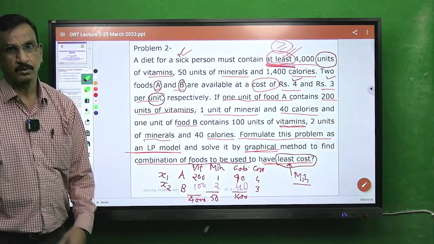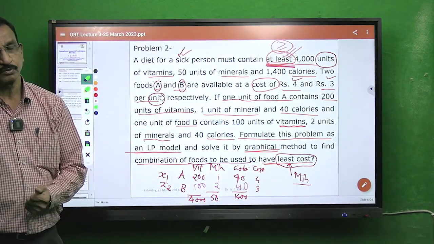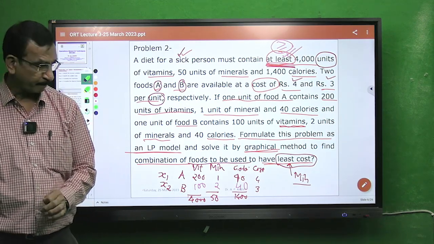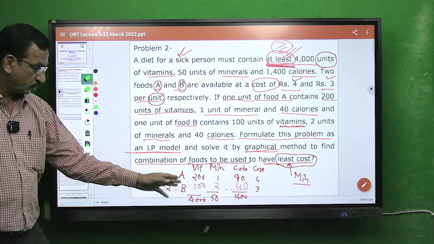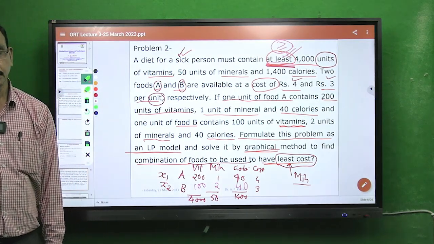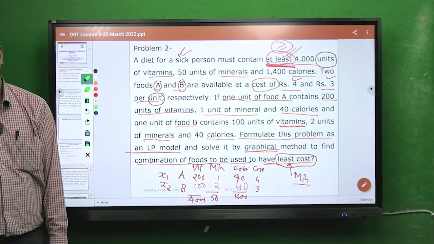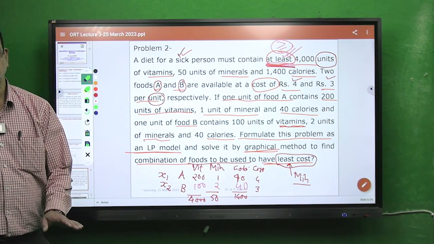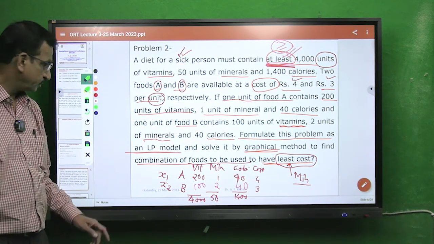If it says not more than, we have to use the sign less than or equal to. Clear? So three equations, followed by one last equation, the non-negativity condition, which is very essential: x1, x2 ≥ 0.